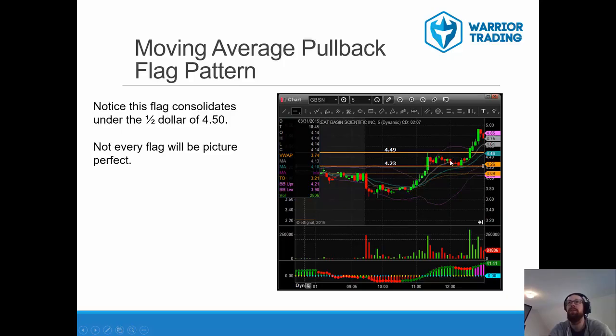Sometimes I get a little stubborn, and even though I know I should sell, I hold it because I've seen this happen so many times. It's such a bummer to sell it down here on the support of your 9 moving average, knowing that this might coil and move higher. So it's not a good habit for me to do that.